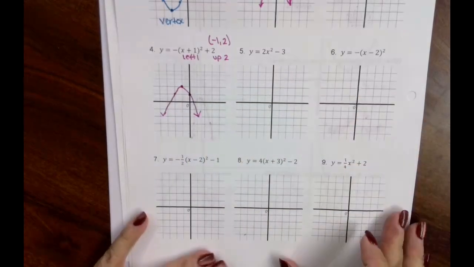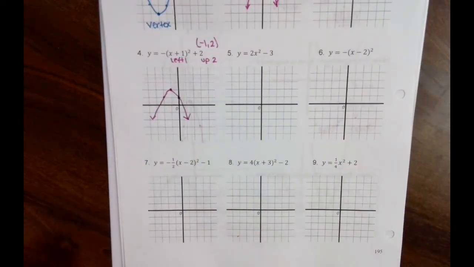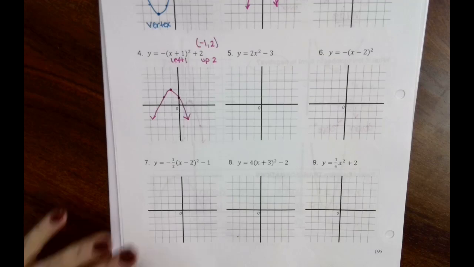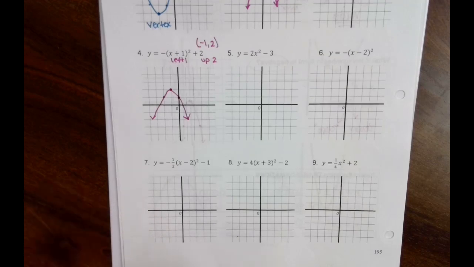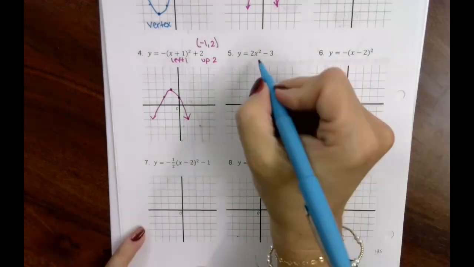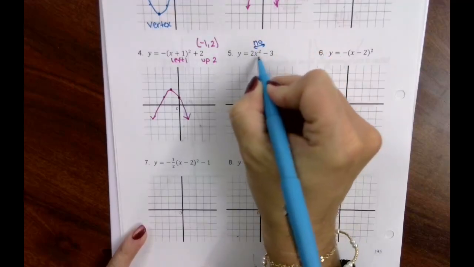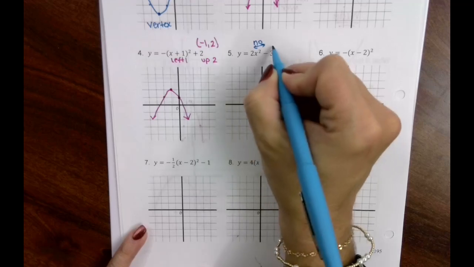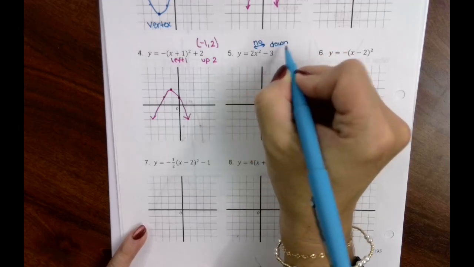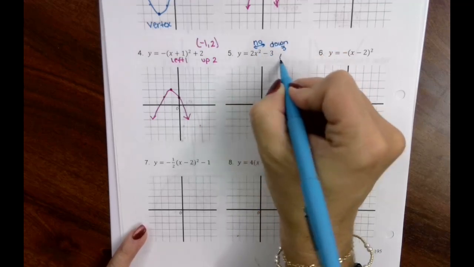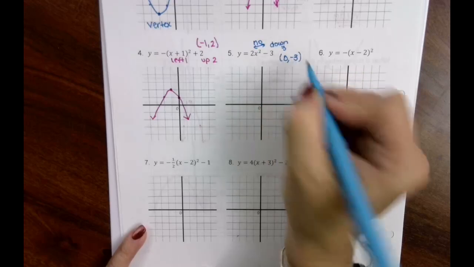Oops, that was kind of a bad one, sorry. Okay, this one looks a little bit different. It looks a little different because I don't have parentheses. So again, I have no horizontal change because there's no value that's inside my parentheses. But this tells me I'm going to go down by 3. So my vertex here is 0, -3.